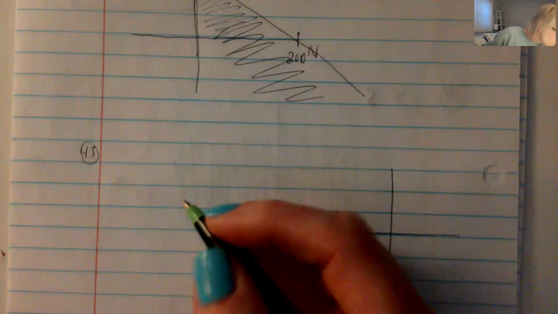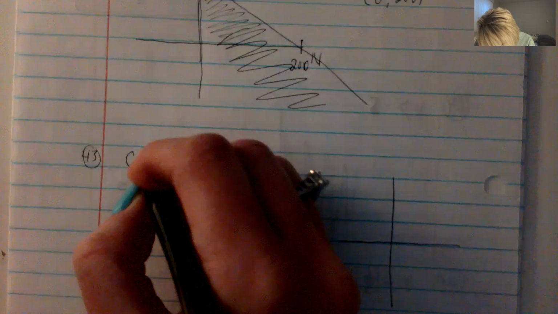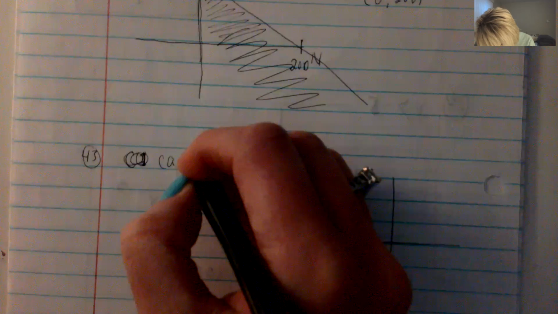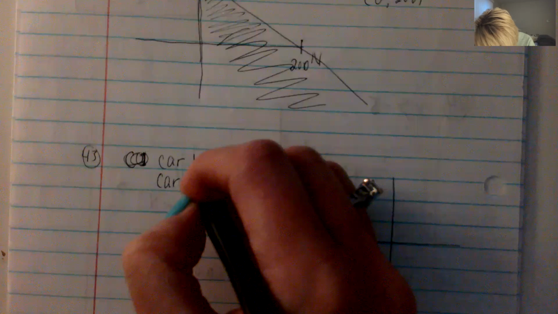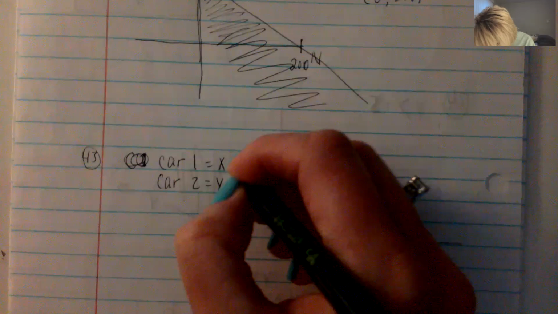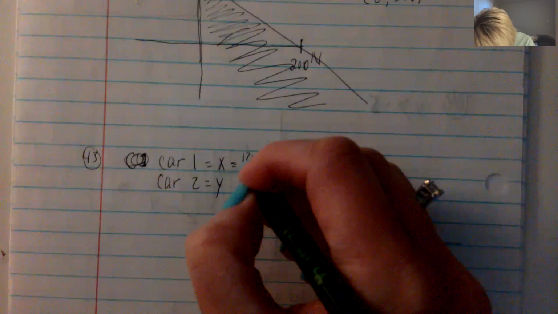So we're going to call it car one. Let's just say car one is X and car two is Y. Okay, so car one is 12 miles per gallon.